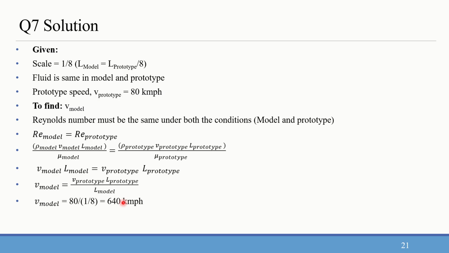We know the scale, so we use the L model and L prototype scale value, and therefore V model becomes 80 into 8, which is 640 kilometer per hour. So that is how we do the problem. And now we got the velocity of the model: it is 640 kilometer per hour.